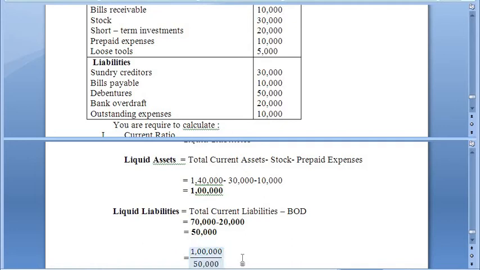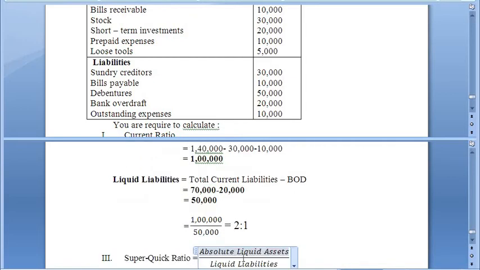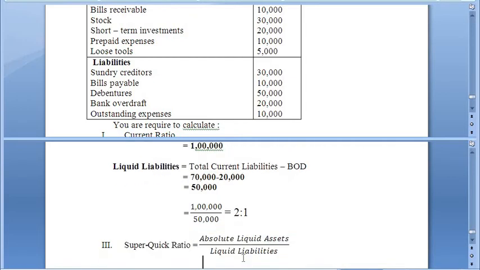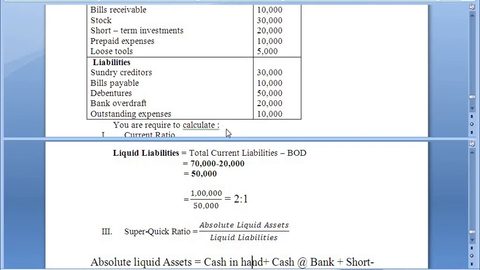What is the answer? 1 lakh divided by 50,000 is equal to 2:1. Okay, 2:1. Now we have found the answer of liquid ratio. We have already calculated the current ratio.